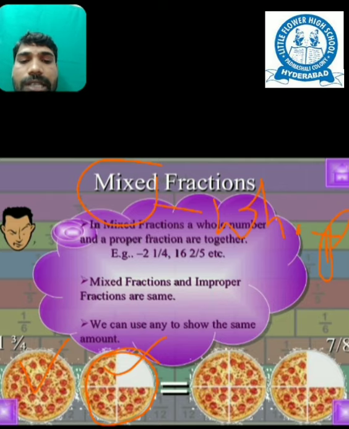So totally this is 1 plus 3 by 4. We write it as 1 and 3/4. This is a mixed fraction. An improper fraction can be written as a mixed fraction.